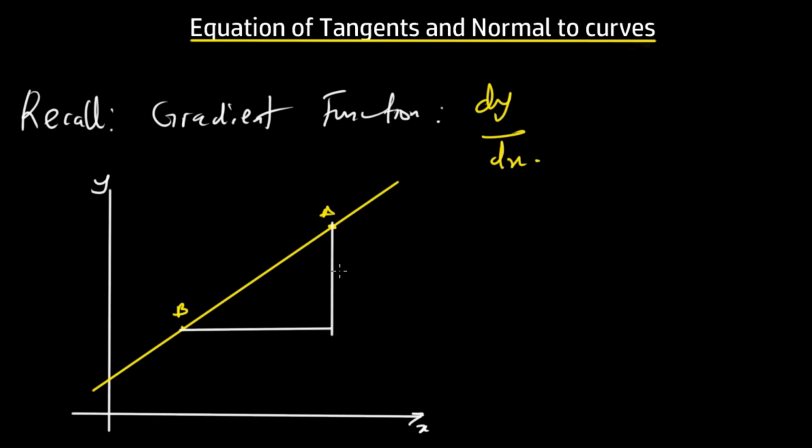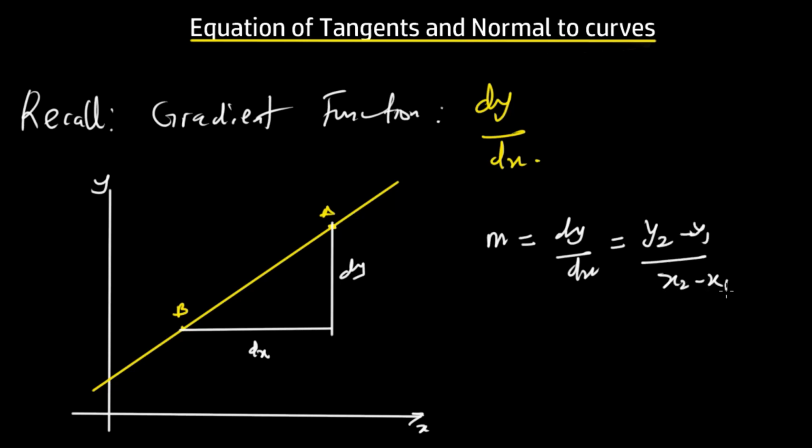This is going to be changing y, which is dy, and changing x, which is dx. So to find the slope of this line, we look for m, the slope, which is changing y over changing x, and this is simply y2 minus y1 over x2 minus x1. So under equations of a straight line, this is how we define the slope of a straight line.